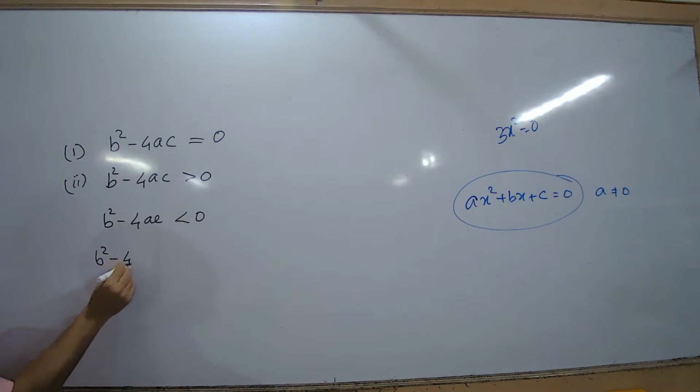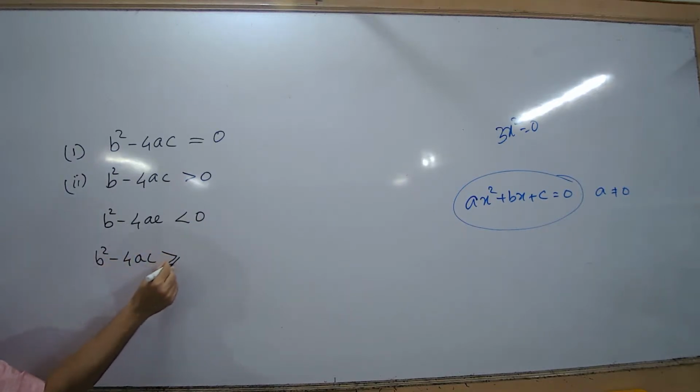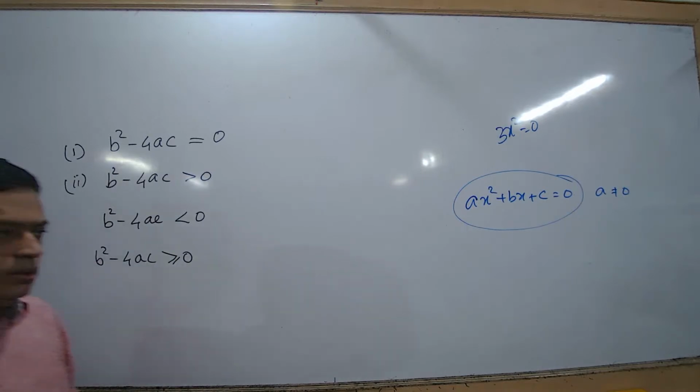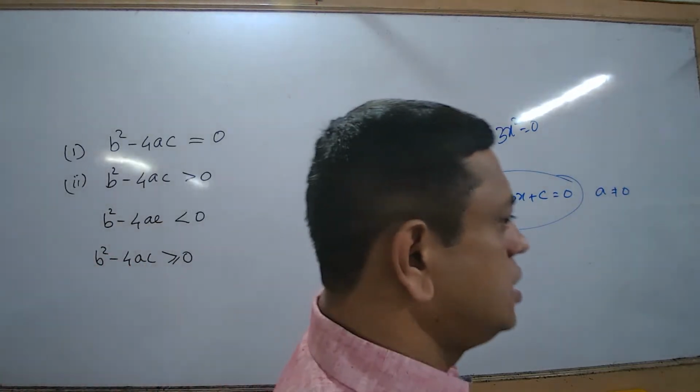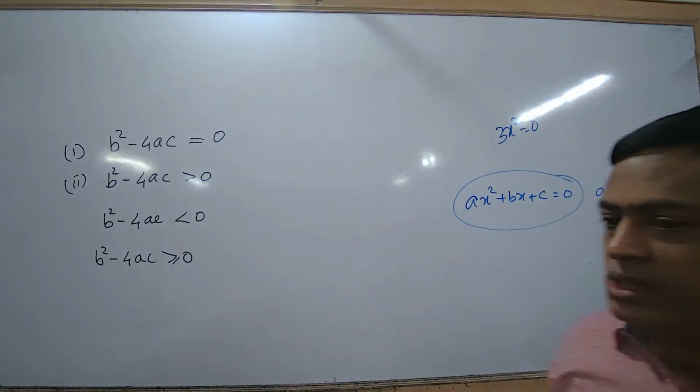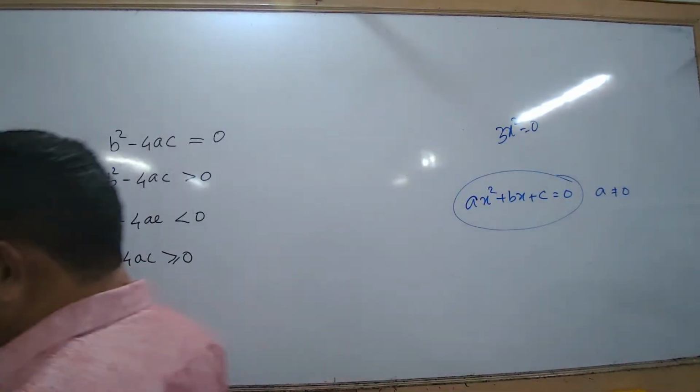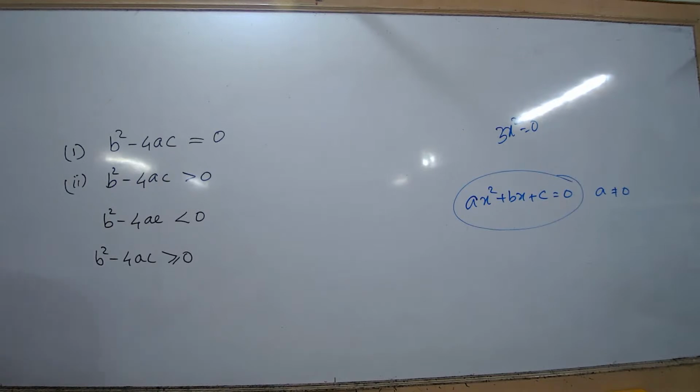Next, fourth case. If b square minus 4ac is greater than or equal to 0, then the roots are real. Look here, this is the combination of first and second.